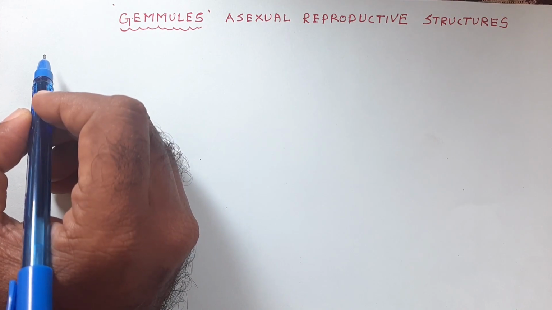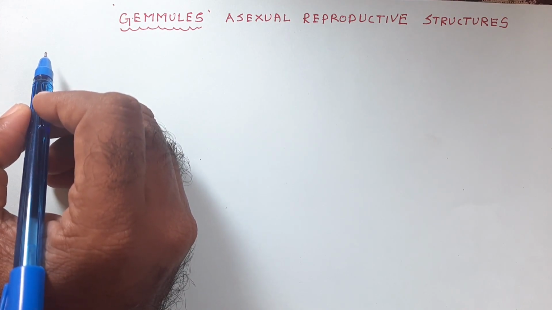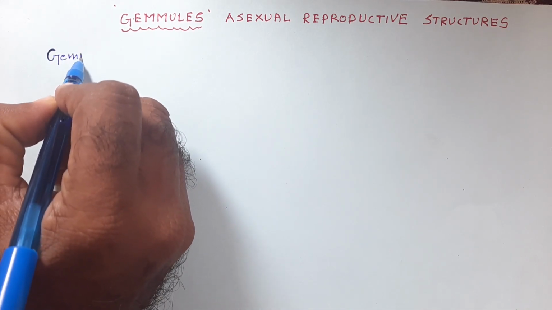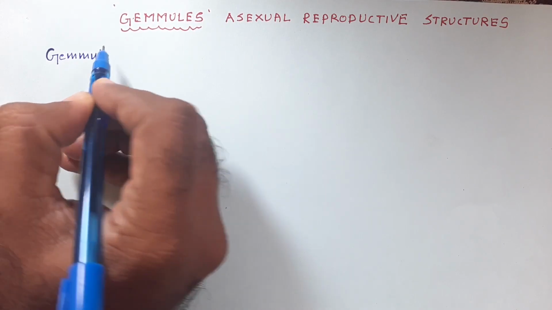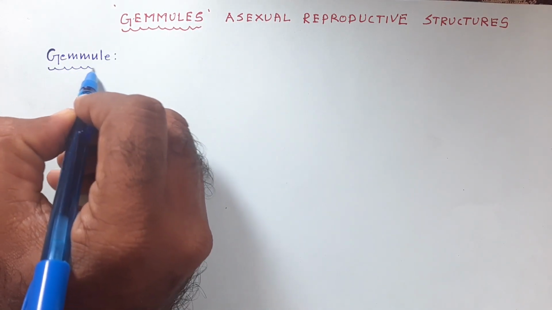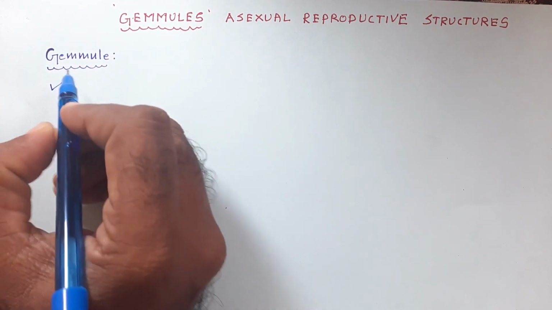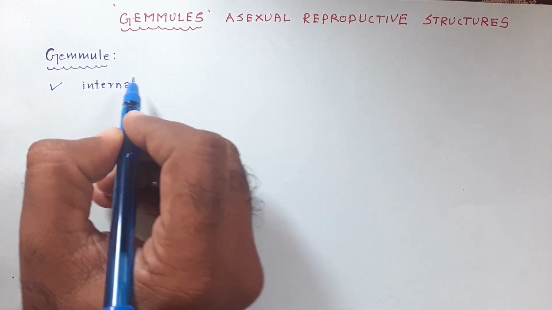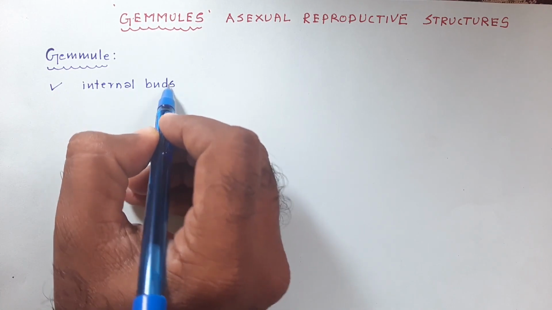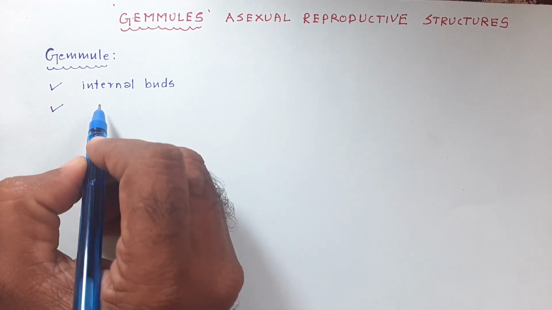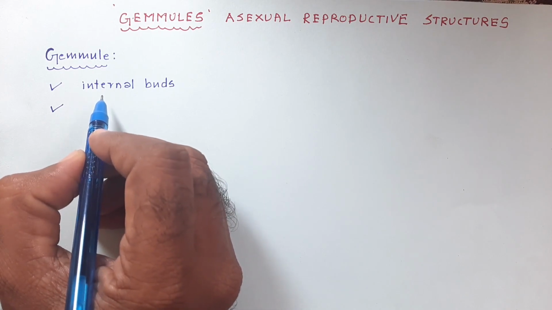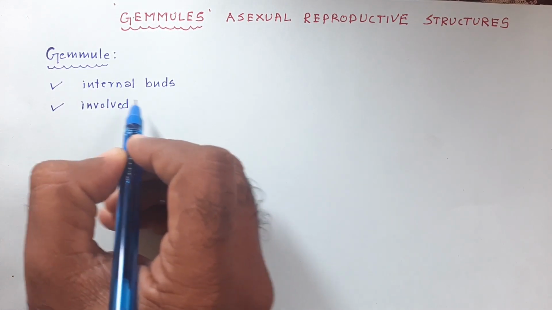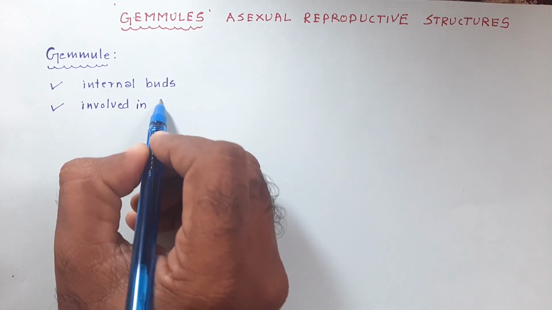Dear student, what actually the gemmules are? In general, gemmules are internal buds, and these gemmules are involved in asexual reproduction.